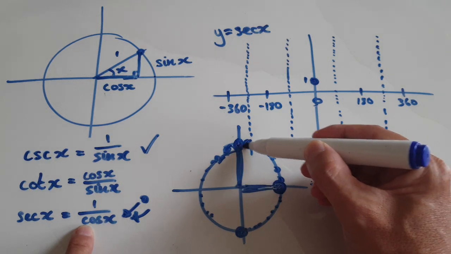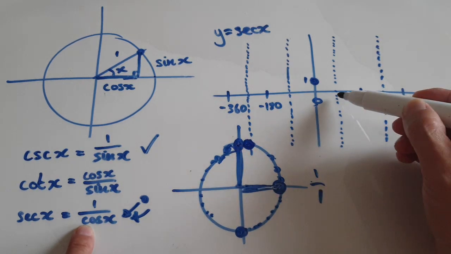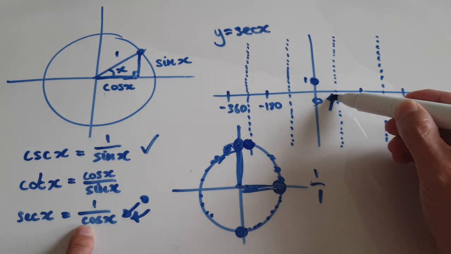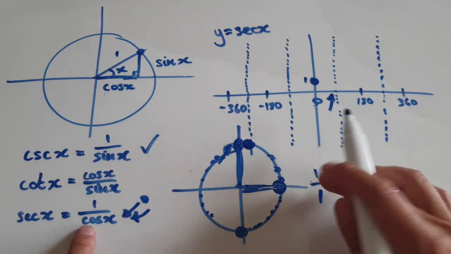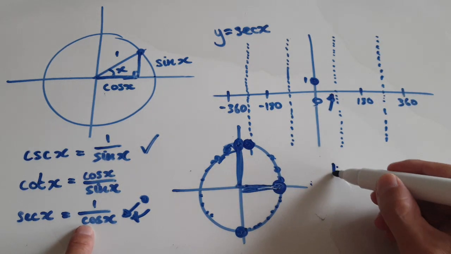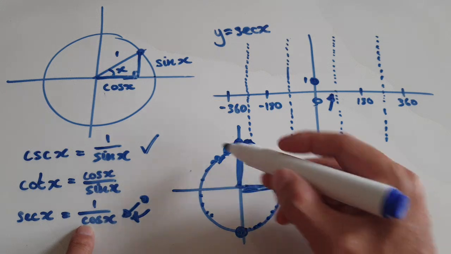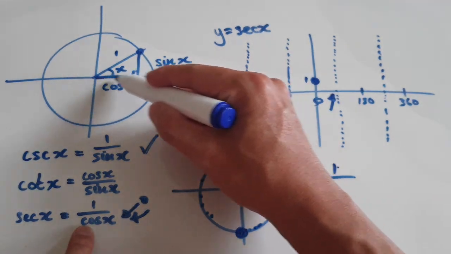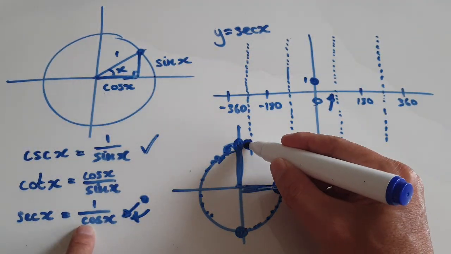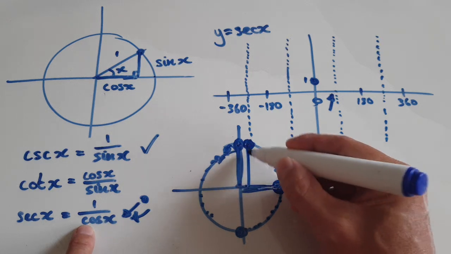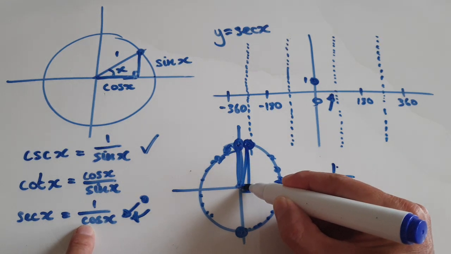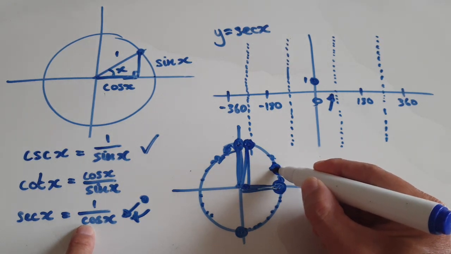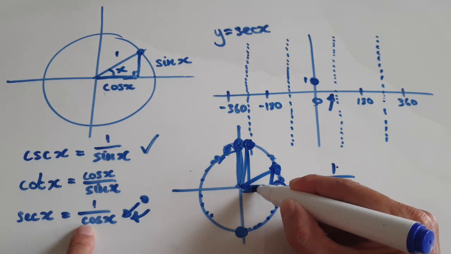Let's investigate what happens when it's just before 90, so just to the left of 90 degrees. Well, this quantity, secant, will be 1 divided by the width of that triangle. When it's just before it gets to 90, it's going to be a tiny width because the dot is here. If the dot were over here, then the width would be quite large.